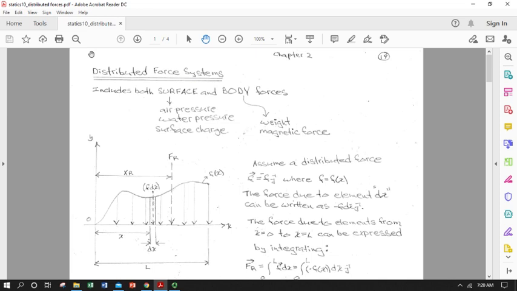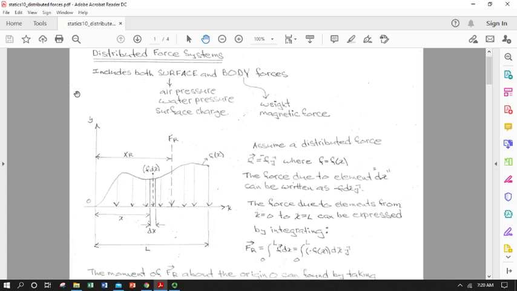It doesn't just act on the surface, it acts all over the body, and we very often look at that distributed force as its resultant acting at the center of mass. Another body volumetric distributed force that you might encounter, depending on what you're doing, is magnetic. Unlike surface charges in electrostatics, magnetics act like gravity, so all over the body.